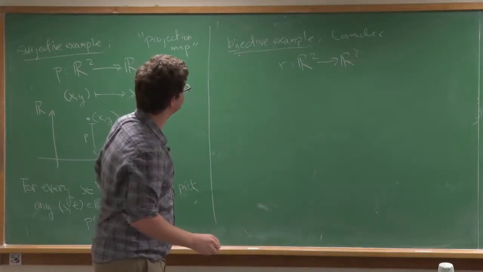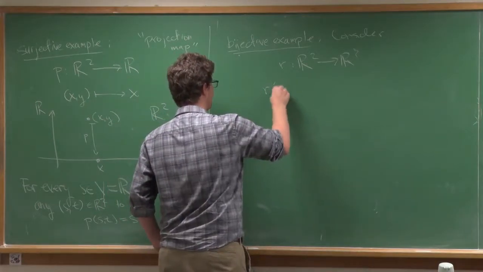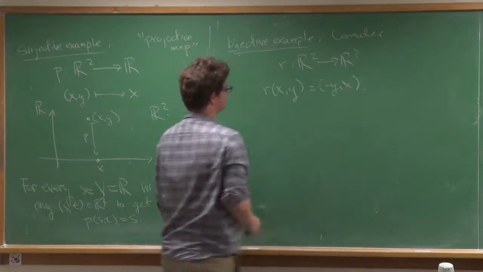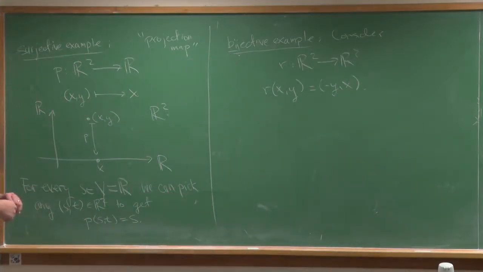This is given by R(x, y) being (-y, x). All right, so this is what this thing is.